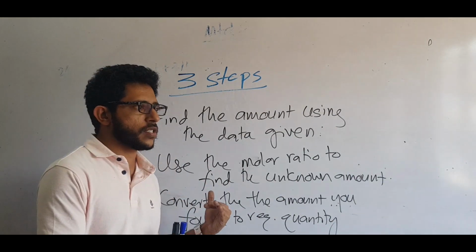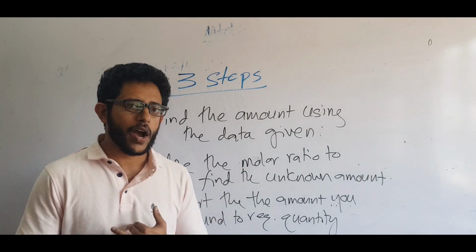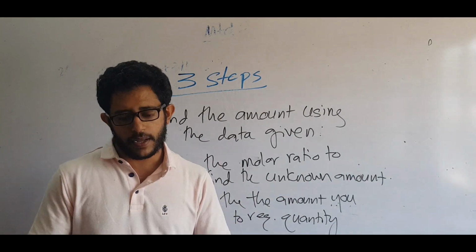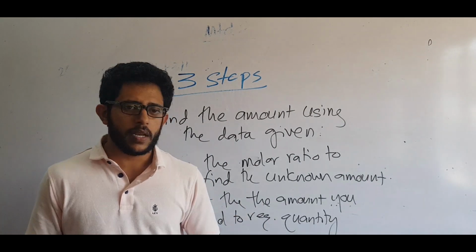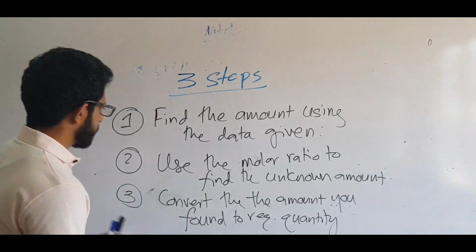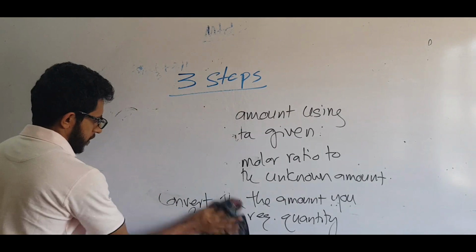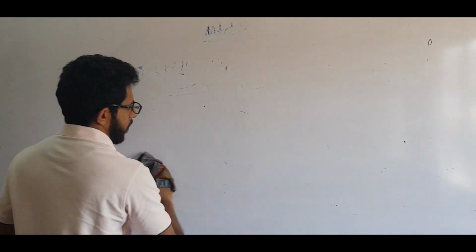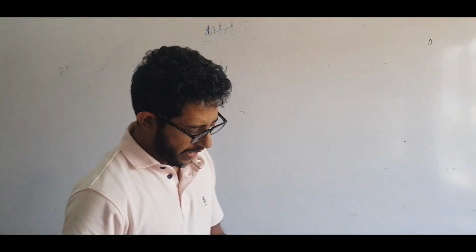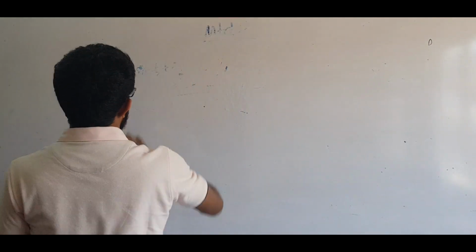So let's use those 3 steps and see how we can do a chemical calculation that commonly comes in past papers. Okay. So example, let's say you take the same example.